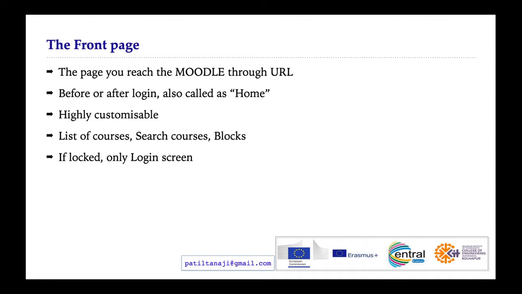This front page is highly customizable. You can go on adding different kinds of blocks. Announcements can be available there, and for security reasons, if it is locked, the users can only see the login screen. So whenever we type the URL of our Moodle site, this is the page presented to the user.